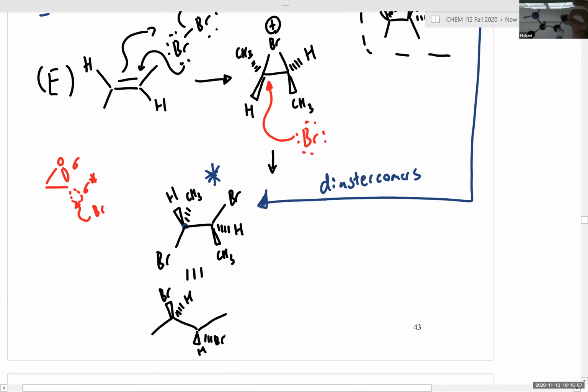Okay, the final way of drawing this structure, all we're going to do is rotate our carbon-carbon bonds and draw them like so. And now in this arrangement, where are both of our bromines? Are they pointing towards us or away from us?